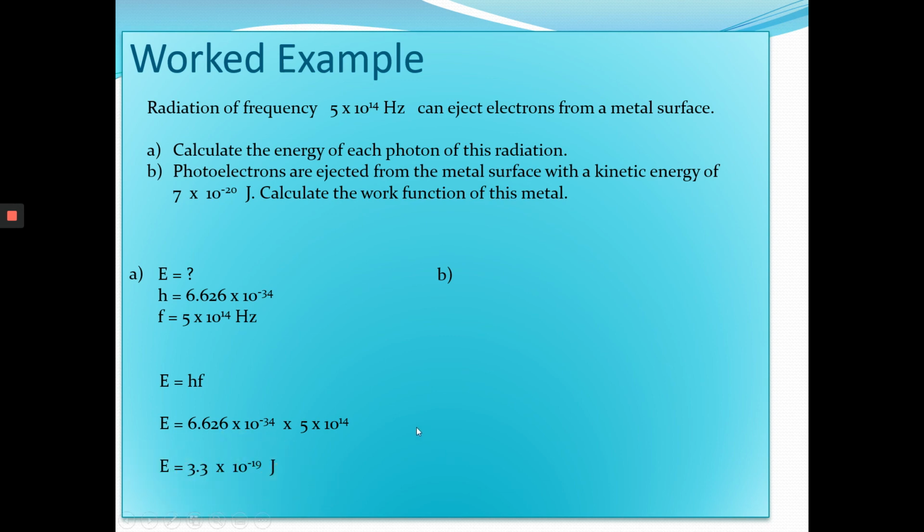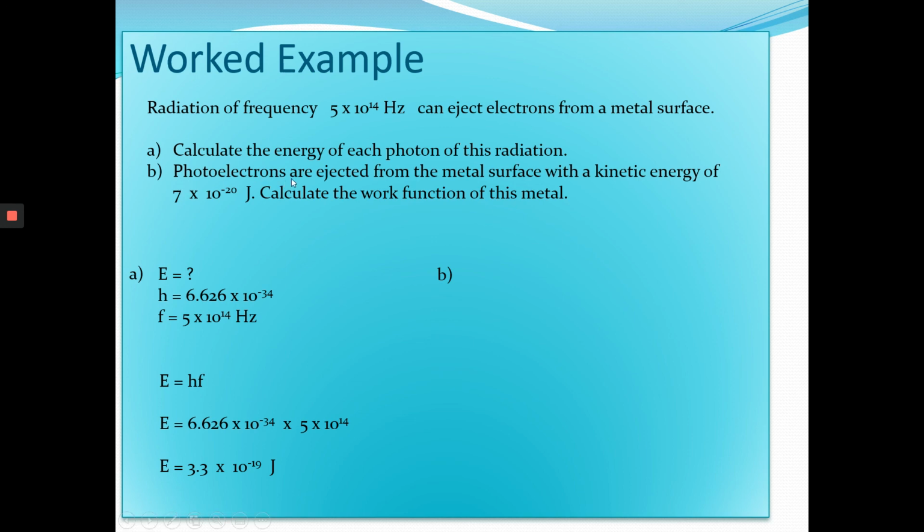Then it says photoelectrons. When it says photoelectrons, it's just meaning electrons that are being ejected because they have absorbed a photon. So photoelectrons are just electrons that absorbed energy from a photon.